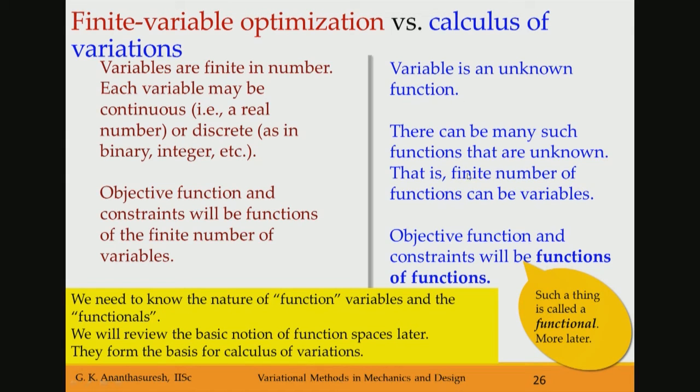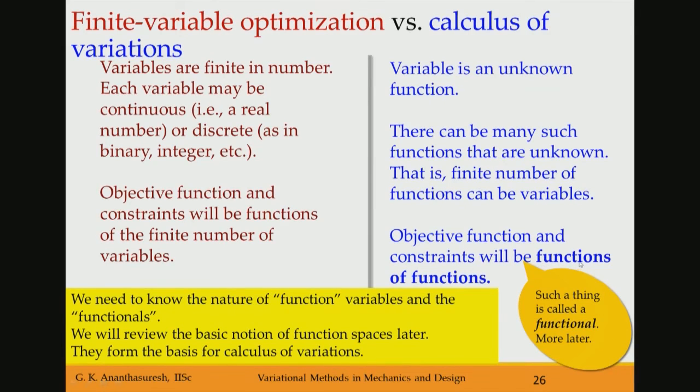Okay. There can be many such functions that are unknown, just like we have many finite variables, here also you can have many functions if you want. And in this case the objective function and constraints are functions of these finite variables. Here they are functions of these functions. Okay. The objective function and constraints are functions of functions, which we call a functional.